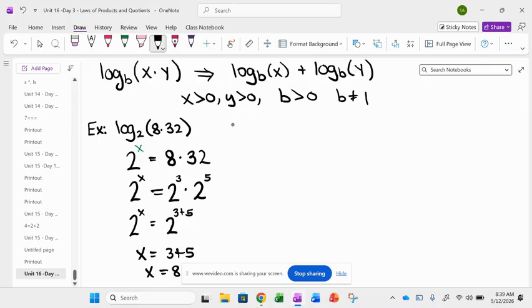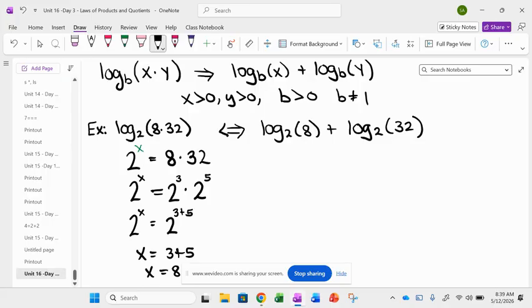This means this is going to be the equivalent to log base 2 of 8 plus log base 2 of 32. These are interchangeable. So if I have a log where the arguments are being multiplied, I can turn them into the addition of each log of that argument. Or if I have the log addition, I could turn it back to multiplication. So we can go both ways here.